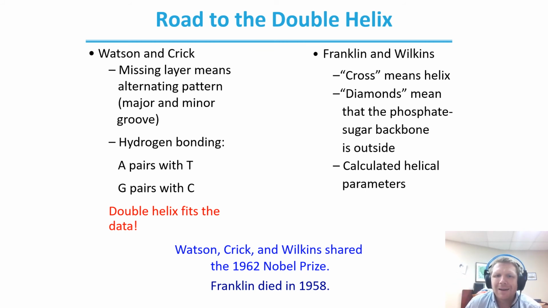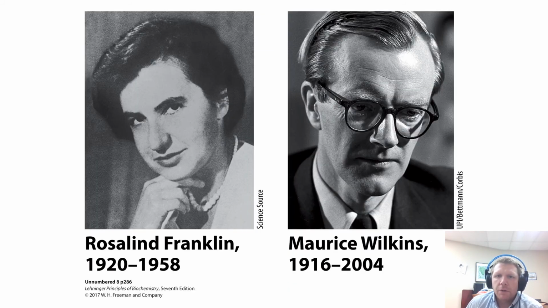Rosalind Franklin died in 1958, so she couldn't receive the acclaim that she very well deserved. But ultimately, they came up with this theory of the double helix where A and T paired up with G and C. And they came up with this model that ultimately is what we still use today.